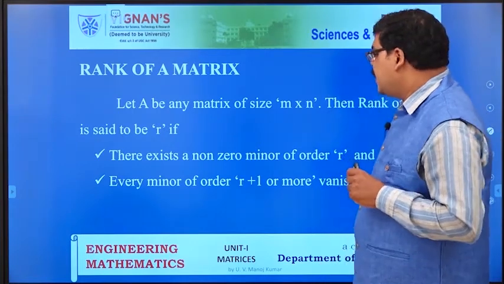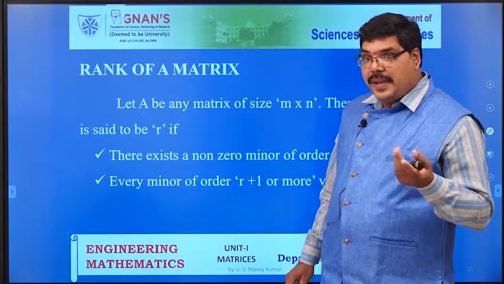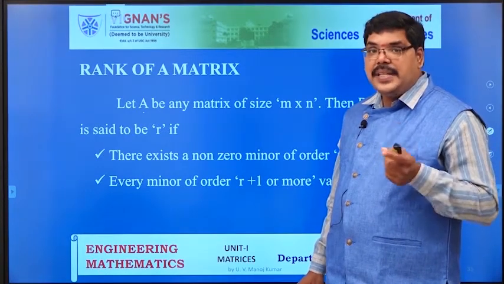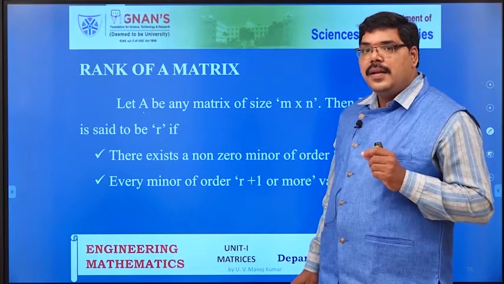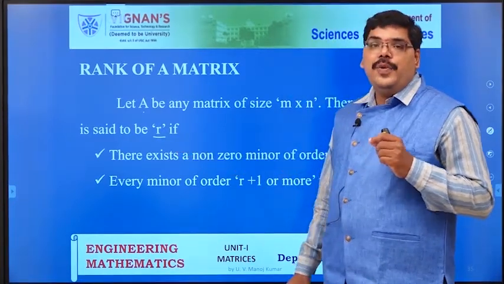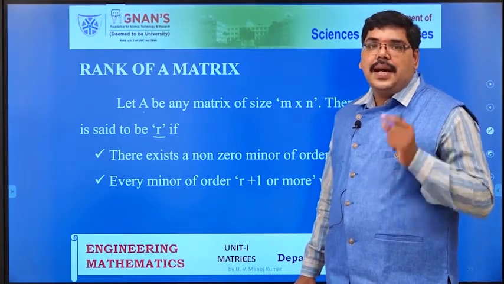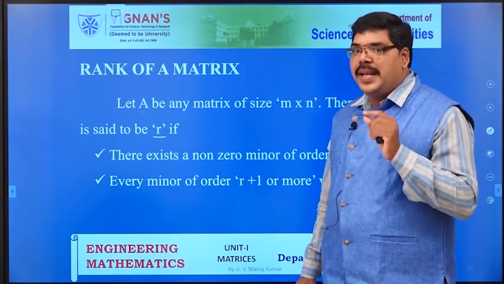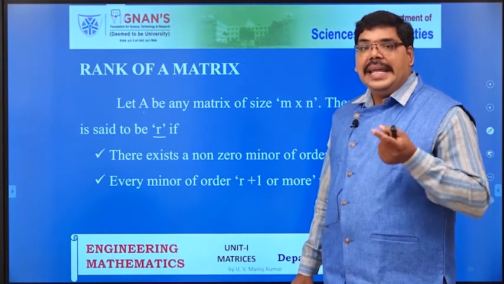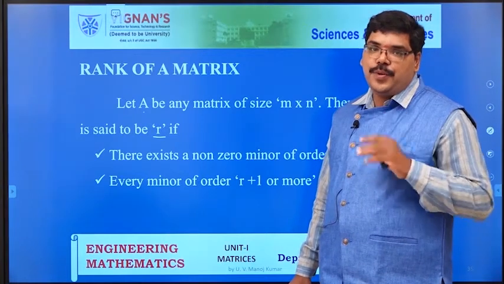Let A be any matrix, maybe square, maybe rectangular, any matrix. We say rank of A is small r if there exists one non-zero minor of order small r and every minor of order r plus 1 or more becomes 0.